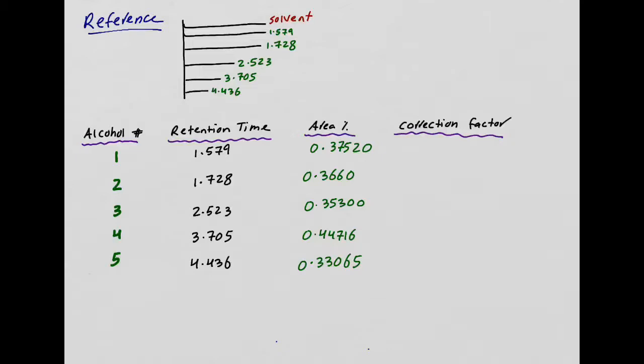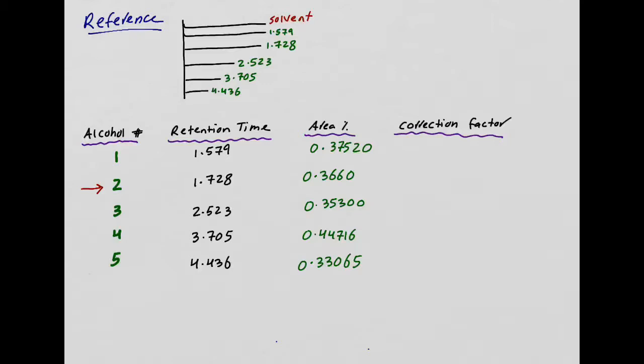All right, ready to do the correction? Let's do the correction. To do the correction, what you do, you pick one of these peaks, okay? Doesn't matter which one you pick, you're going to pick one. Let's all pick reference number 2. Let's pick the second alcohol. Doesn't matter which one we pick, but to all be consistent, let's pick the second one.